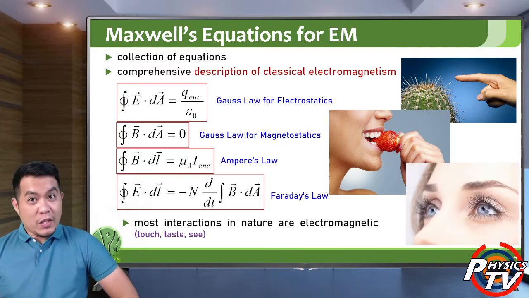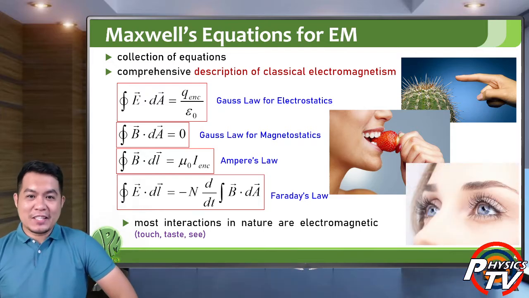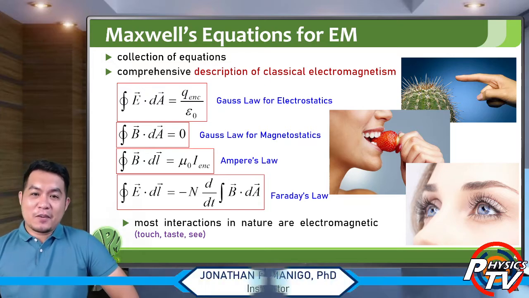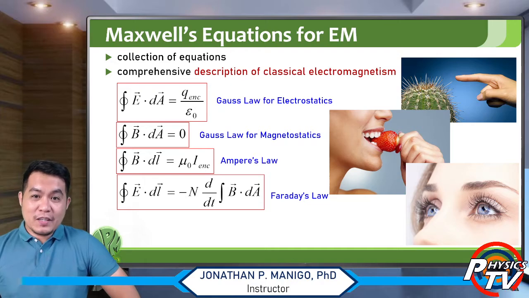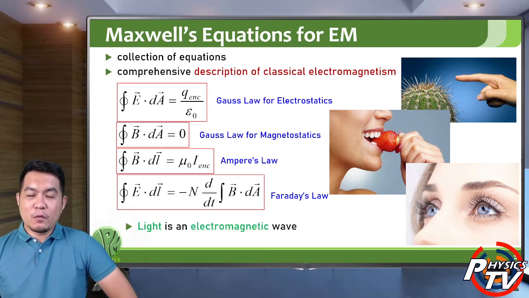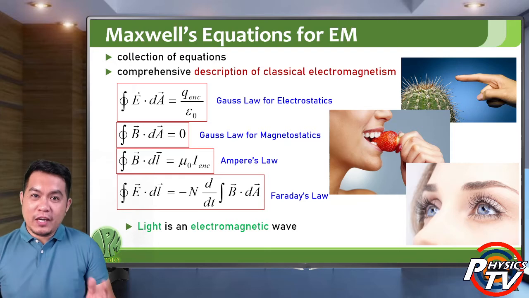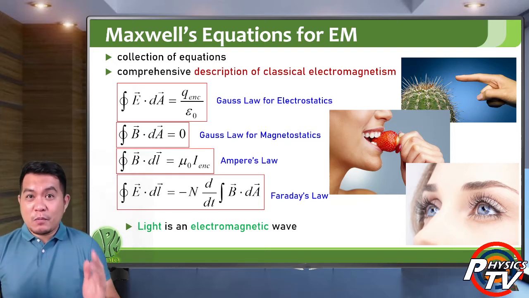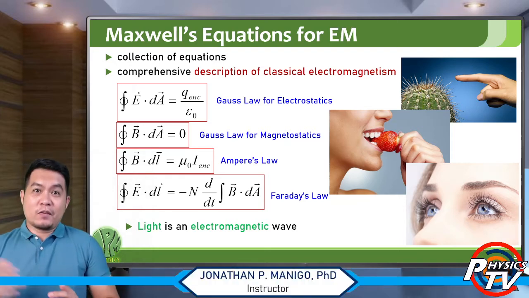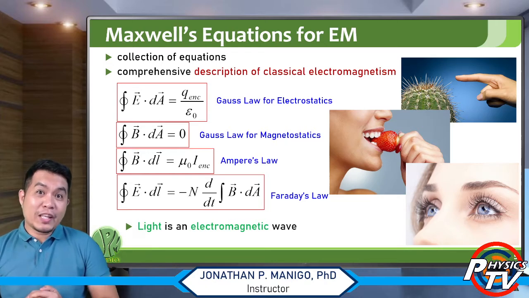Now, when you see things, that is still electromagnetism. Why? Because light is actually an electromagnetic wave. So this is how we relate the chapter on electromagnetism to the last chapter of this course, which is on optics.